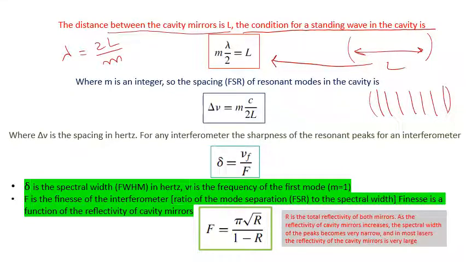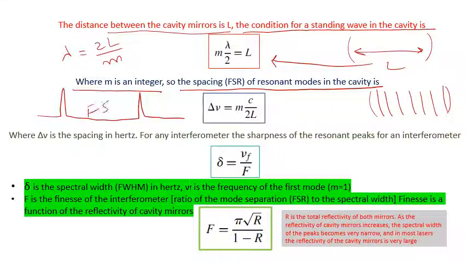Here m is an integer, for constructive interference. The spacing, FSR, of the resonant modes in the cavity is given by delta nu equals m c over 2L.